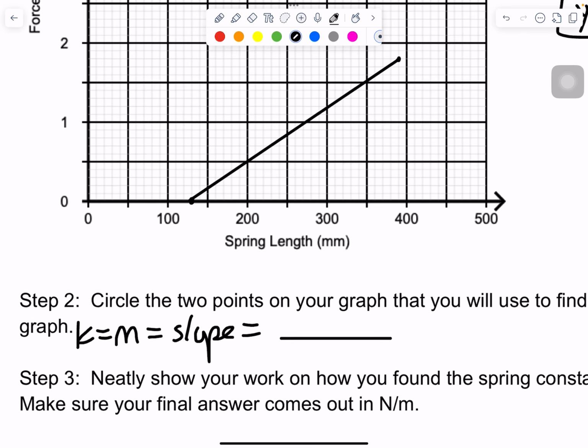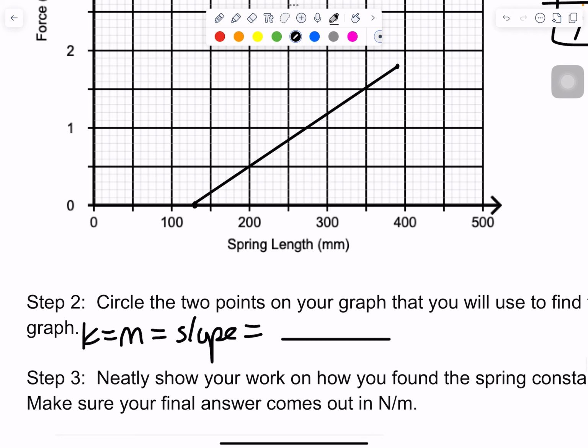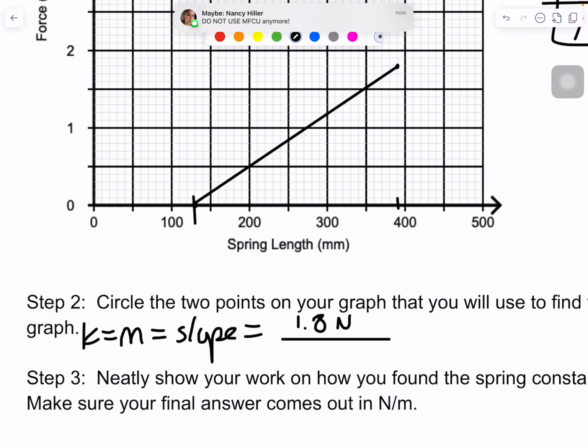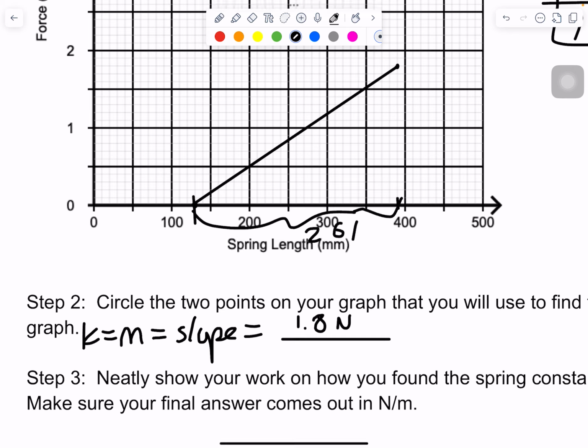So for me, the rise is about 1.8 newtons. And the run, we're going to go from here to here, so I'm going to subtract those. About 390 minus 129, that's 261 millimeters.